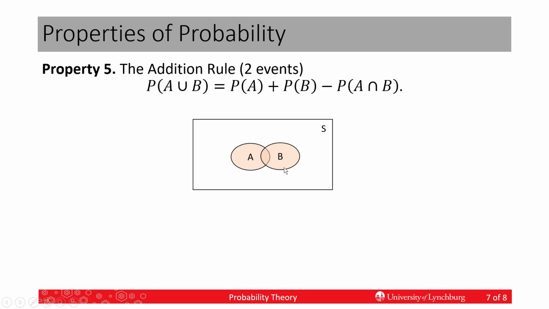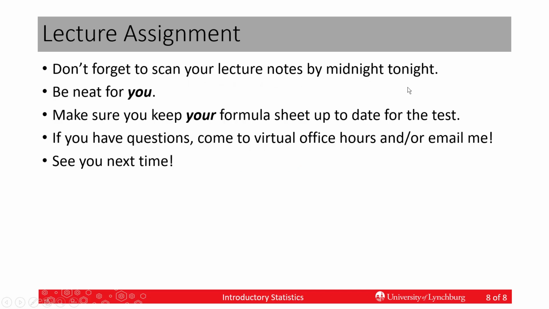And when I add the probability of B, I'm also adding the probability of that intersection. So I've added it twice and I only need it once. So since I've added it twice, I subtract it off once. So again, you may have to contemplate that to really let it sink in. But if you have questions after you think about it, you're welcome to email me or come to my virtual office hours. I'm happy to help you.